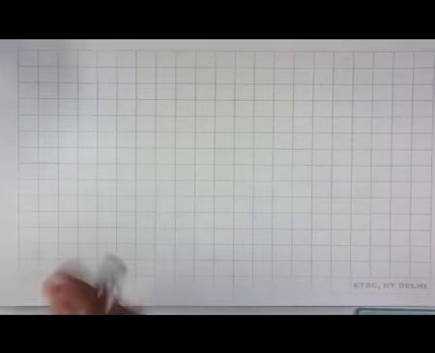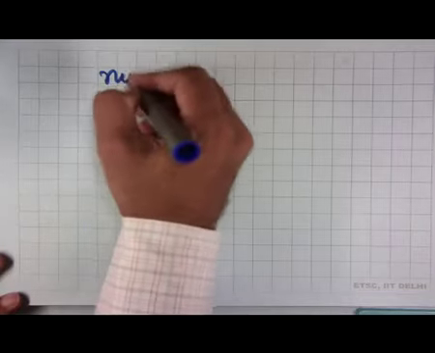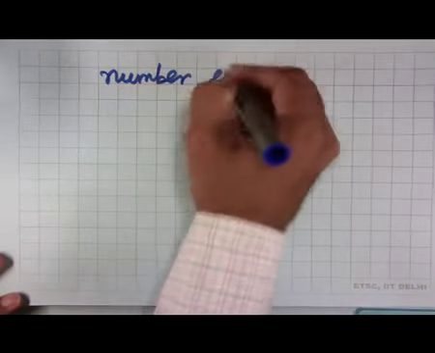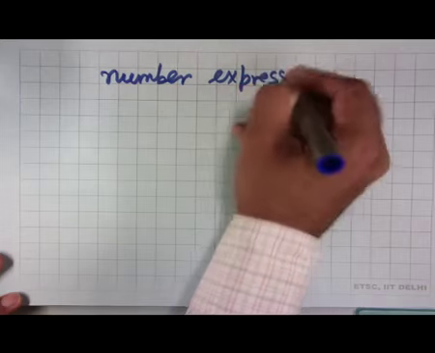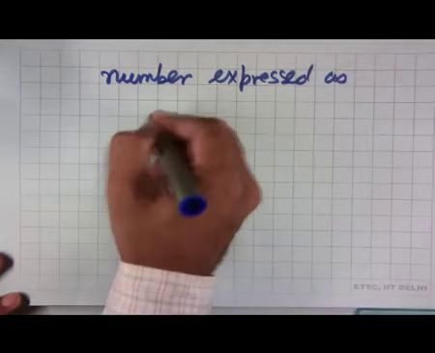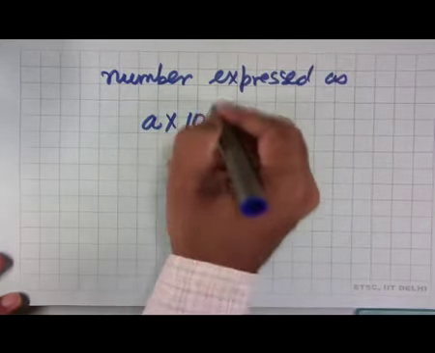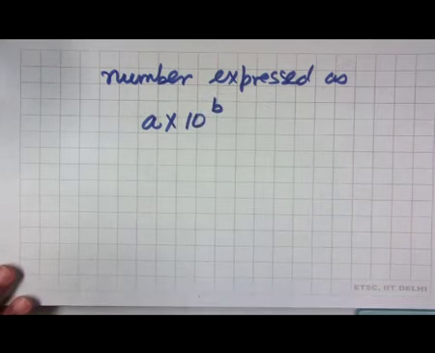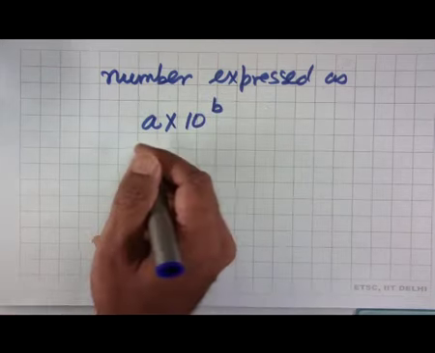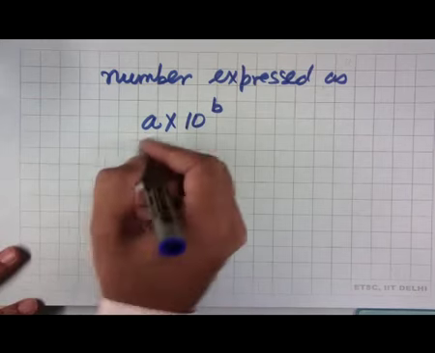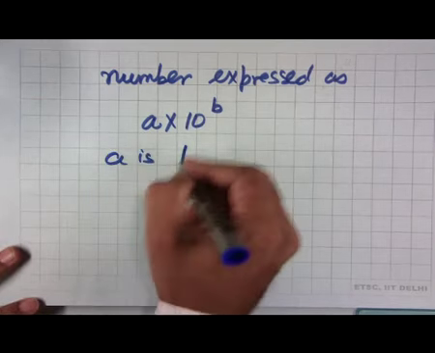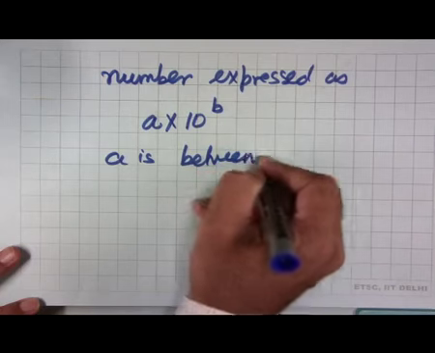So, any number is expressed as a into 10 to the power of b, where a is between 1 and 10.